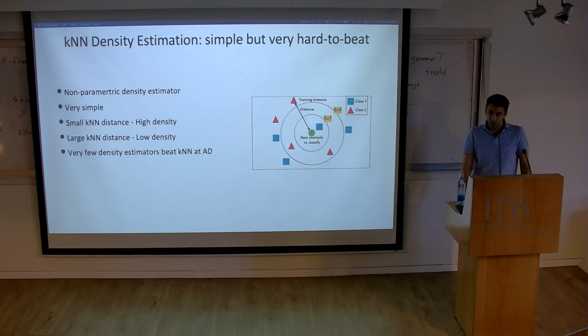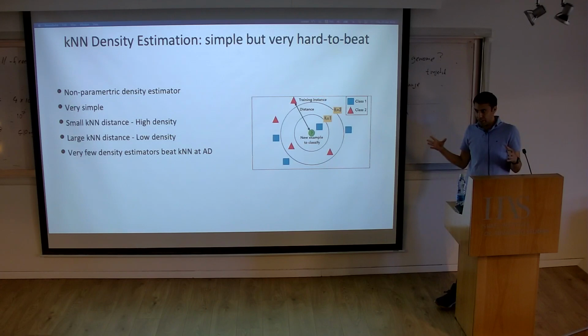Do you have any explanation why it works so good? I'm trying to understand your exact setting, if you have a big data set in which there are some normal data and some anomalies, and you don't know which is which, and then you're trying to classify.